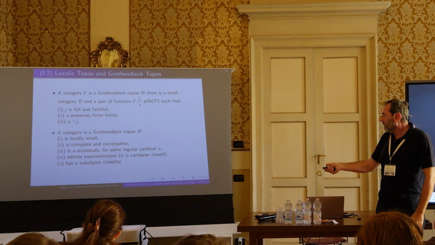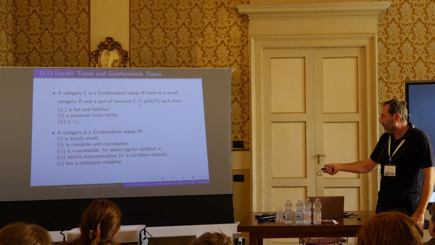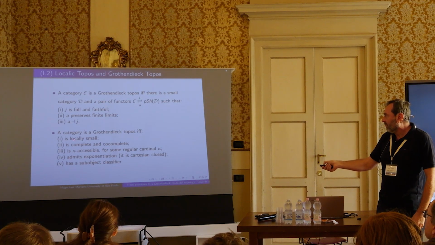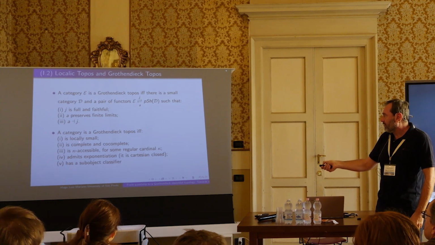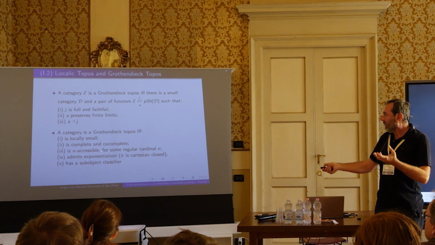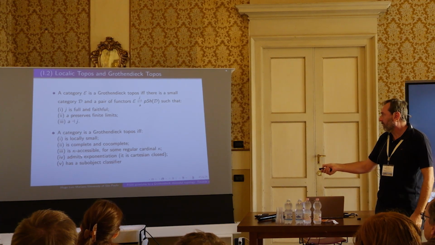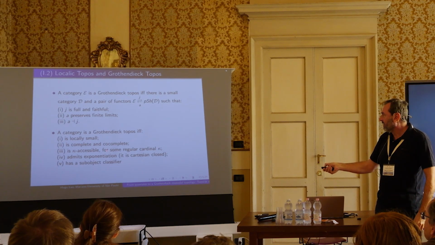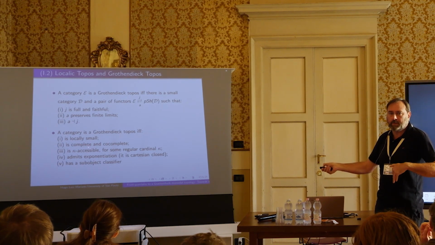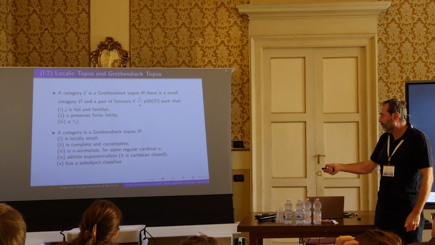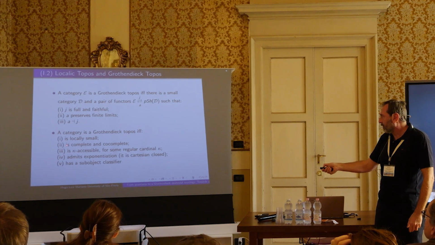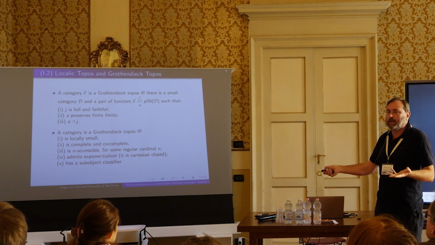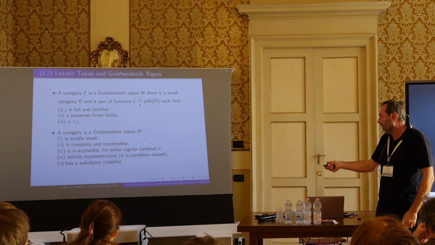Or alternatively, in 4 and 5 we saw the logical part of the elementary topos, and in 1, 2, 3 we saw the Grothendieck expression of the topos. So the category should be complete, cocomplete, locally small, of course, and kappa-accessible for some regular cardinal kappa. The combination of 2 and 3 means that the category is locally presentable, kappa-locally presentable.